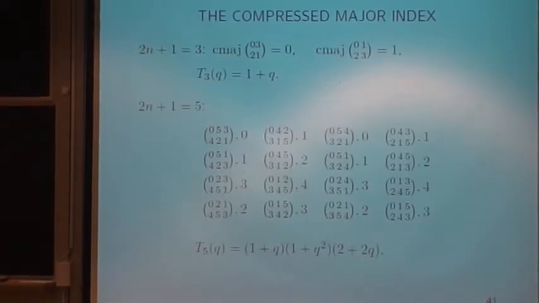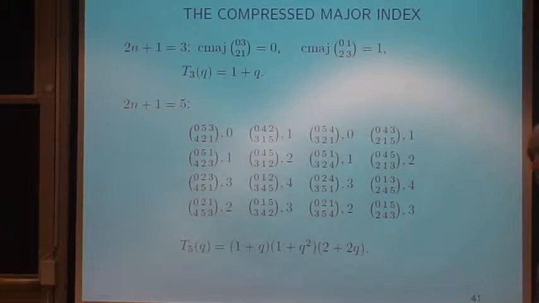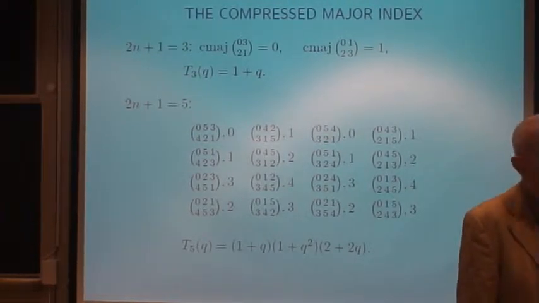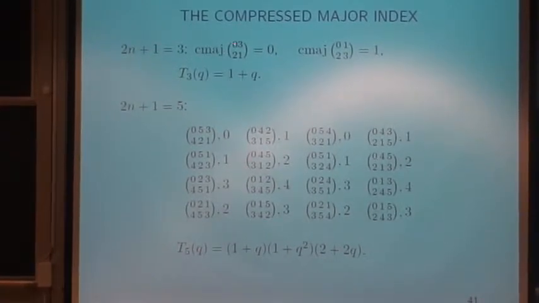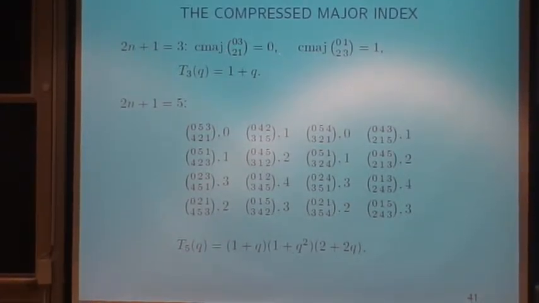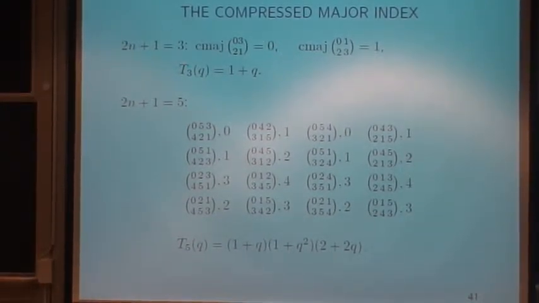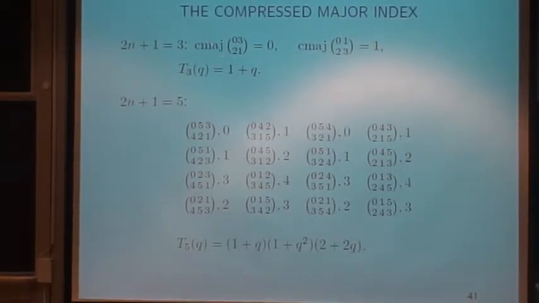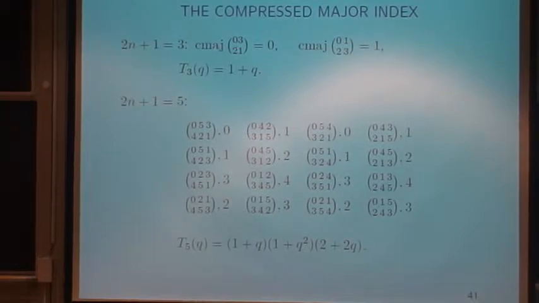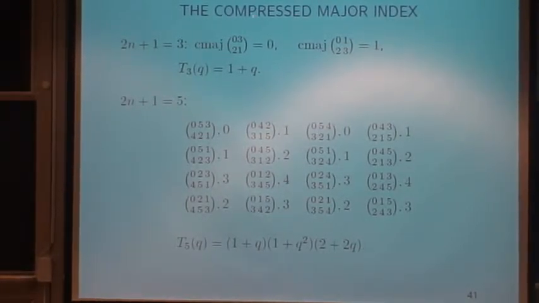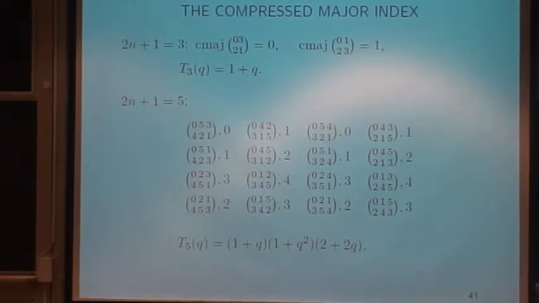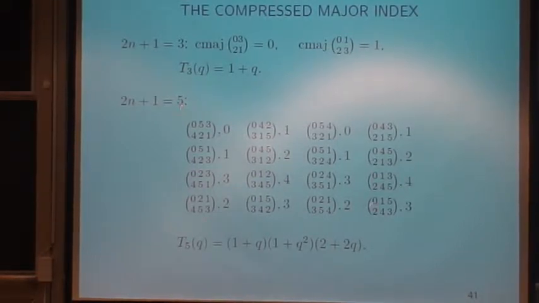Oh, okay. So this is the table we had before. For 2n plus 1, we calculate the compressed major. The compressed major is 0. Well, we have to be quick, you know. The second one is 1. So accordingly, the generating function for the compressed major on all the interlaced will be 1 plus q. Here you remember we had 16.